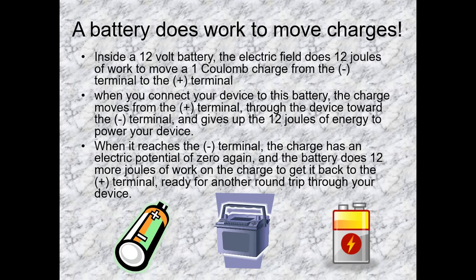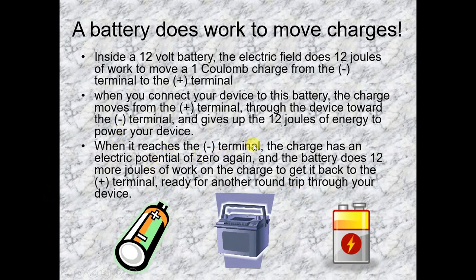When you connect your device to this battery, the charge moves from the positive terminal through the device towards the negative terminal and gives off 12 joules of energy to power your device.